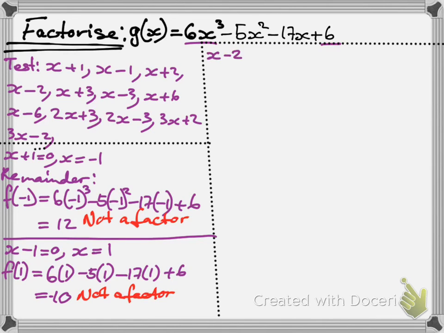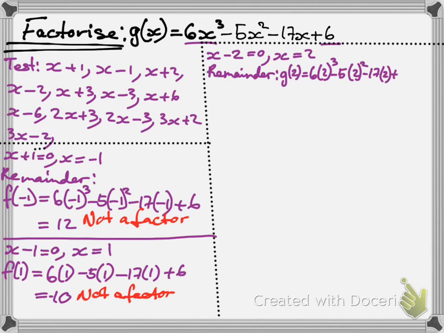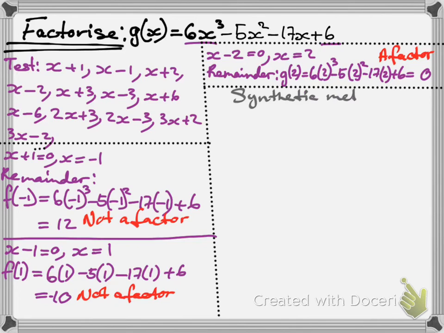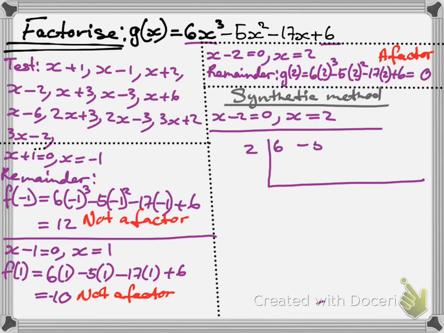And then I take the next factor, x minus 2 is equal to 0, and then x is equal to 2. I find my g of x, and in this case it is going to be equal to 0. So that one is a factor. Now I can use my synthetic method. Synthetic method: x minus 2 is equal to 0, so x is equal to 2.